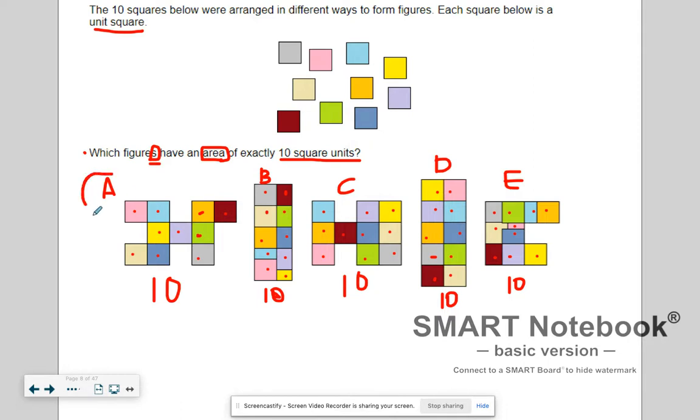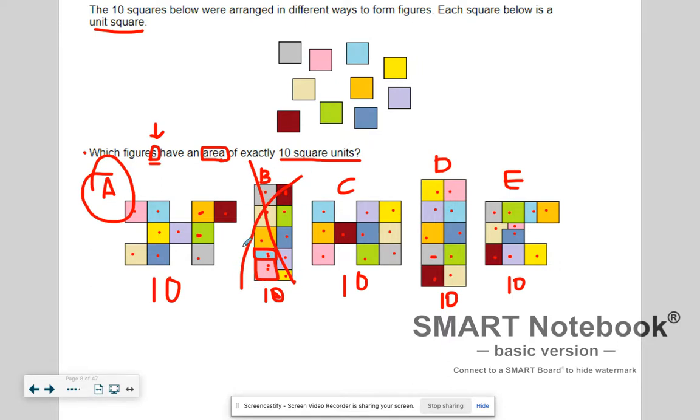So A is correct because these squares are equal, but remember it says figures, so there's probably more than one. Let's look at B. What about the sizes of these shapes? Is this shape right here equal to this one? No, those two are not the same size, so it cannot be B.